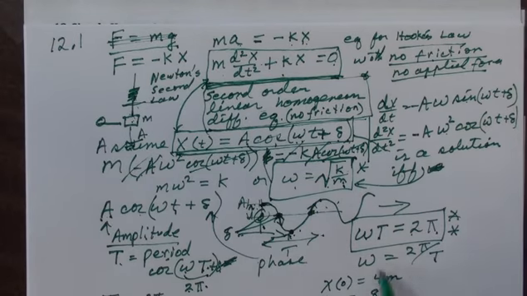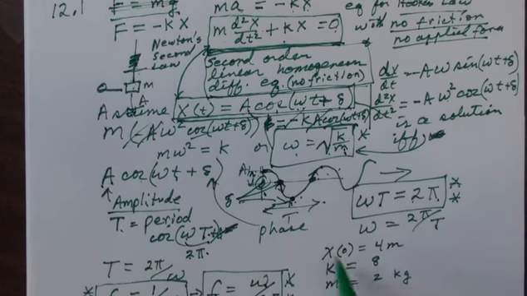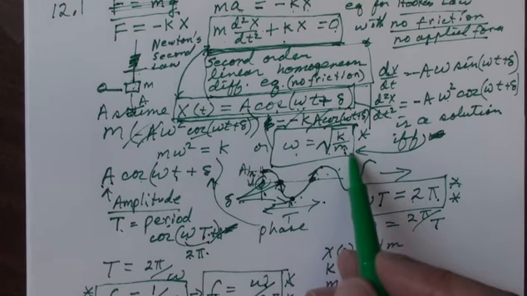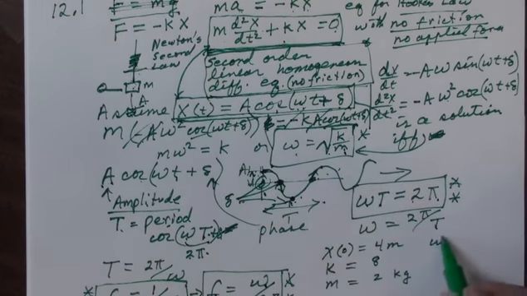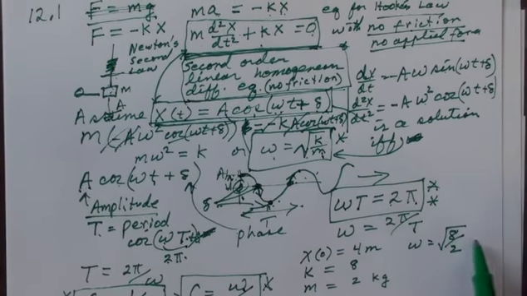So now, how would we solve this problem? We will see that omega is the square root of k over m, so immediately omega is the square root of k over m. I made this easy, I know. So it's going to be the square root of 4, so omega is equal to 2. Okay, now we have omega equal to 2.